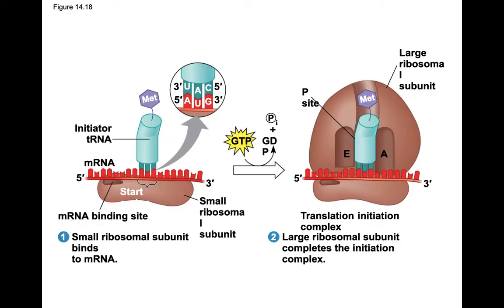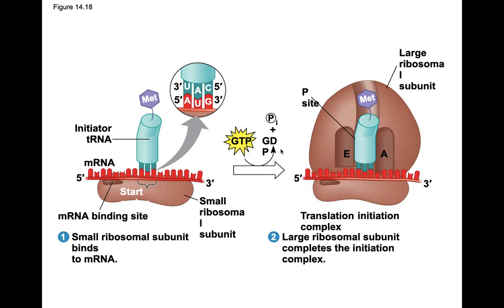So generally during translation, we first have our start codon, which is AUG, which will code for an anticodon of UAC, 5' to 5'. And that is almost always going to code for the amino acid methionine. And this is going to be occurring in the P site of our ribosome. And here's our large and small subunit.